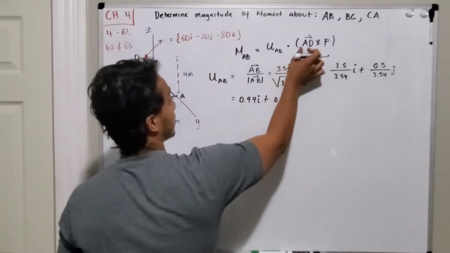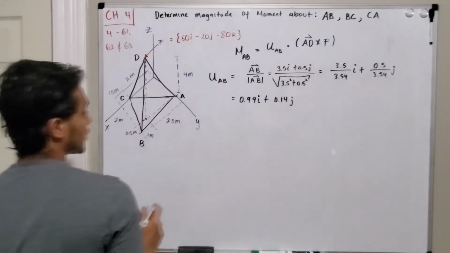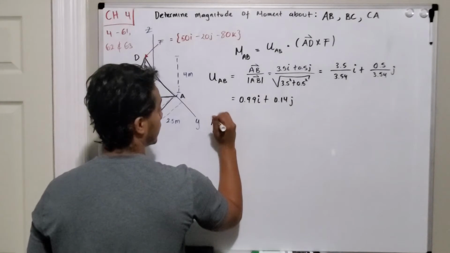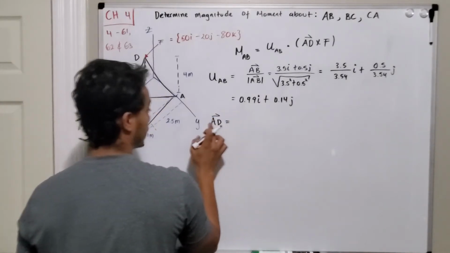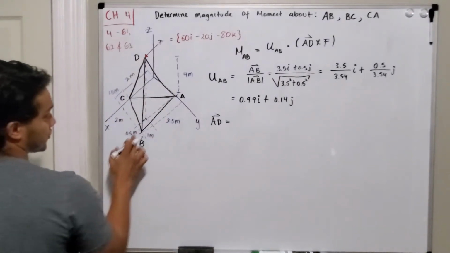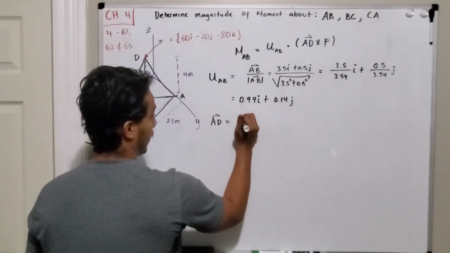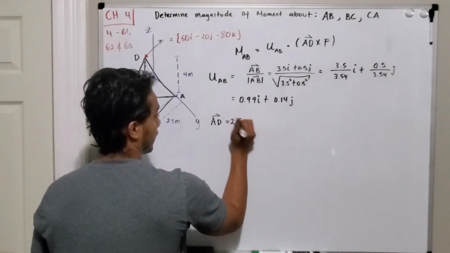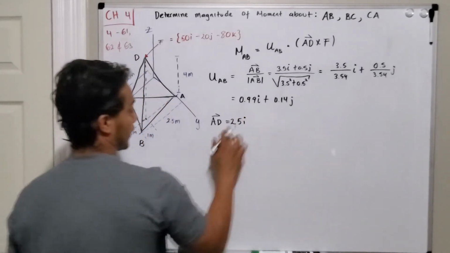Now we need to find the vector AD. Vector AD is going to be equal to the position of D minus the position of A. D in the x direction is 2.5 meters, and A doesn't have anything in the I direction, so we got 2.5.